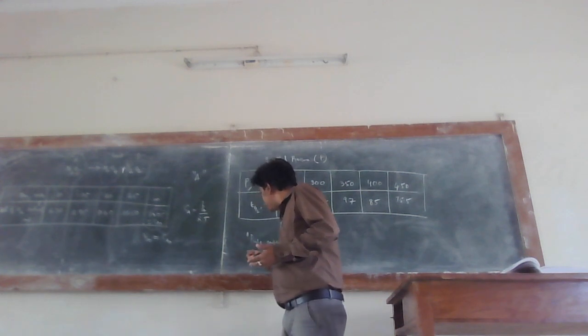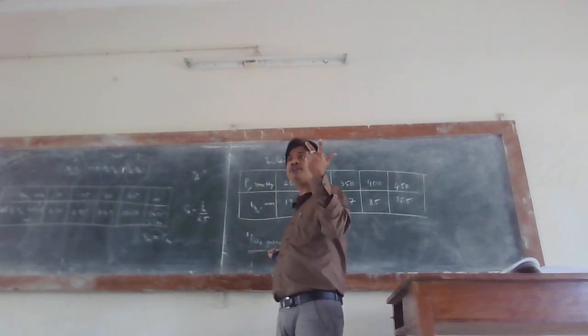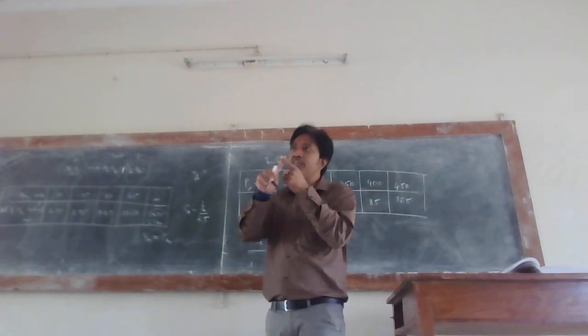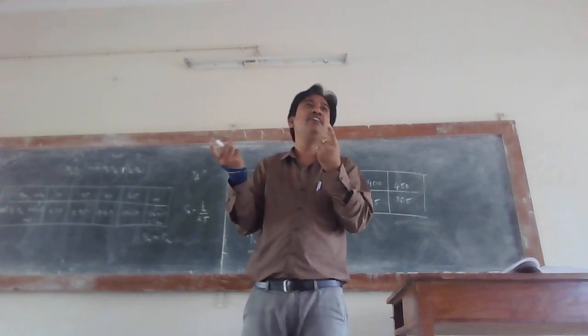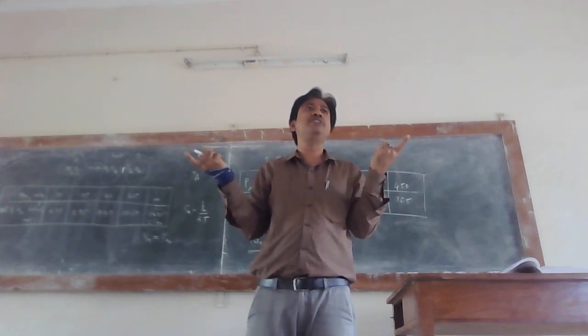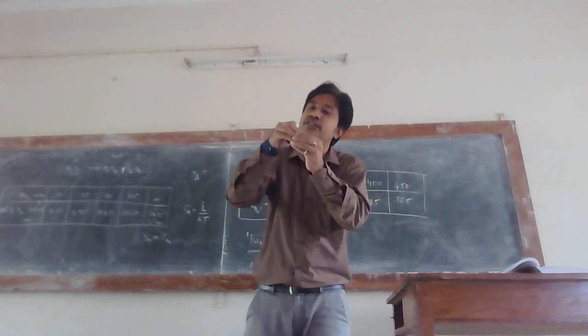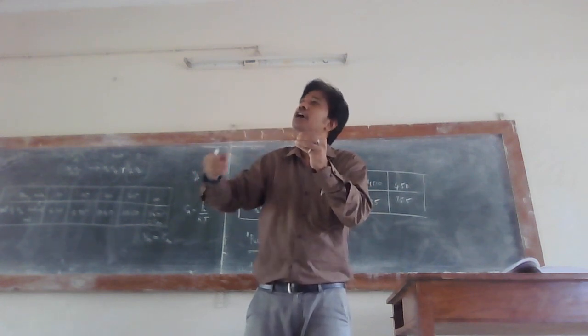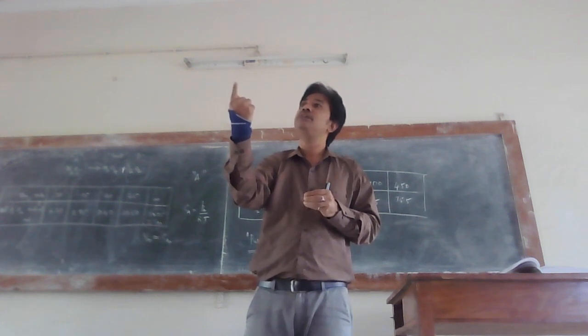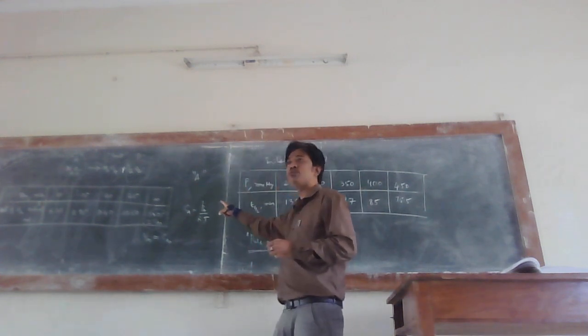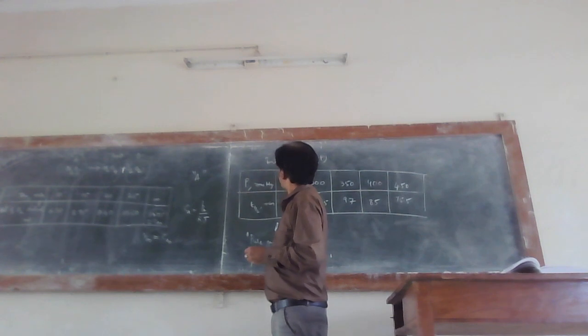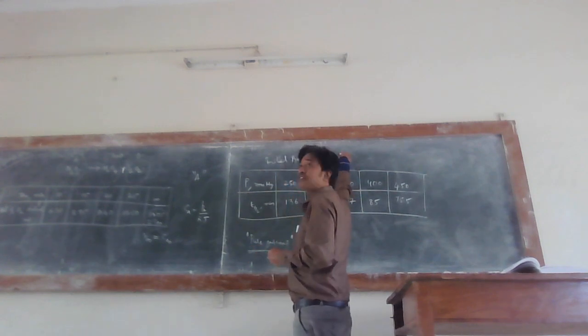Pure gaseous: no other components, only A. Only A means where is the meaning of partial pressures? It comes into the picture if I have two or three components, partial pressure of this component, partial pressure of that component. But existing is only one. So my partial pressure is equal to total pressure. So my initial pressure is equal to total initial pressure.